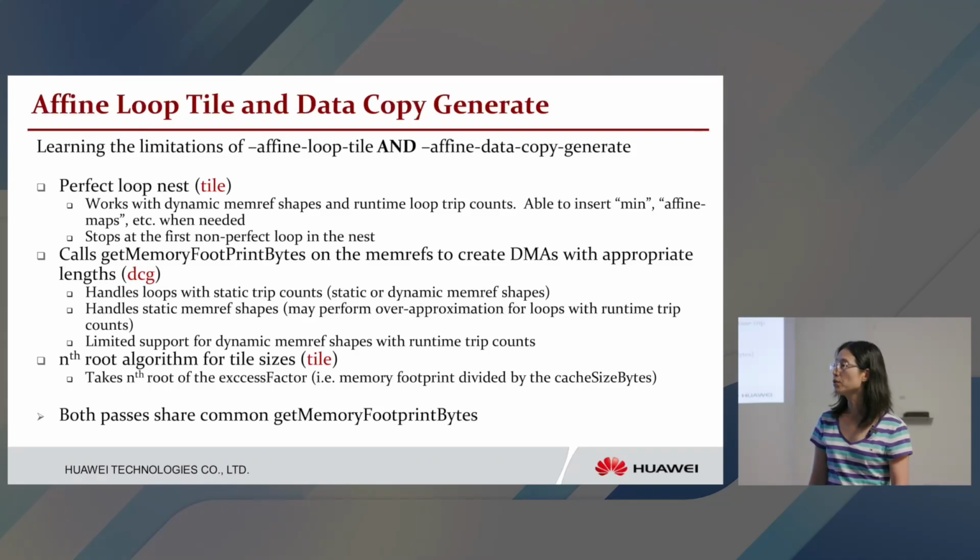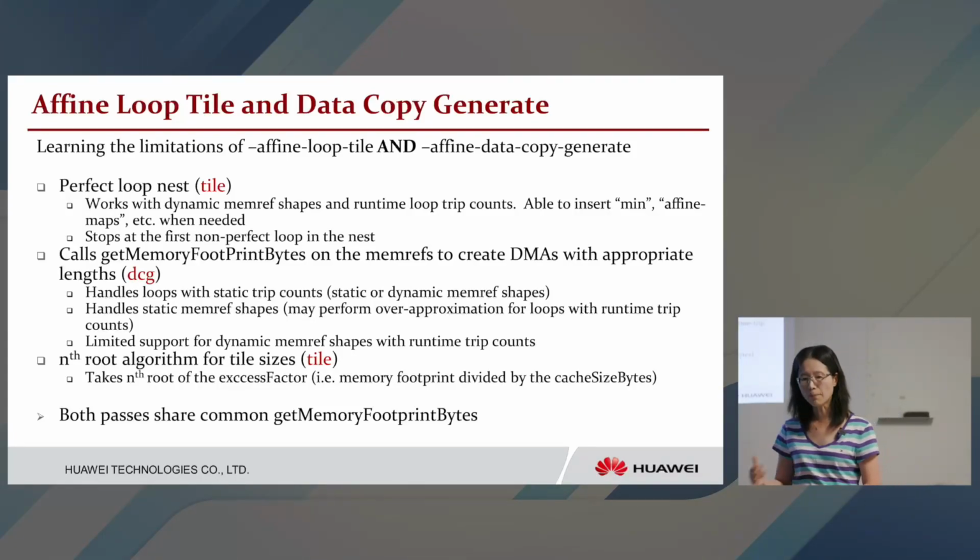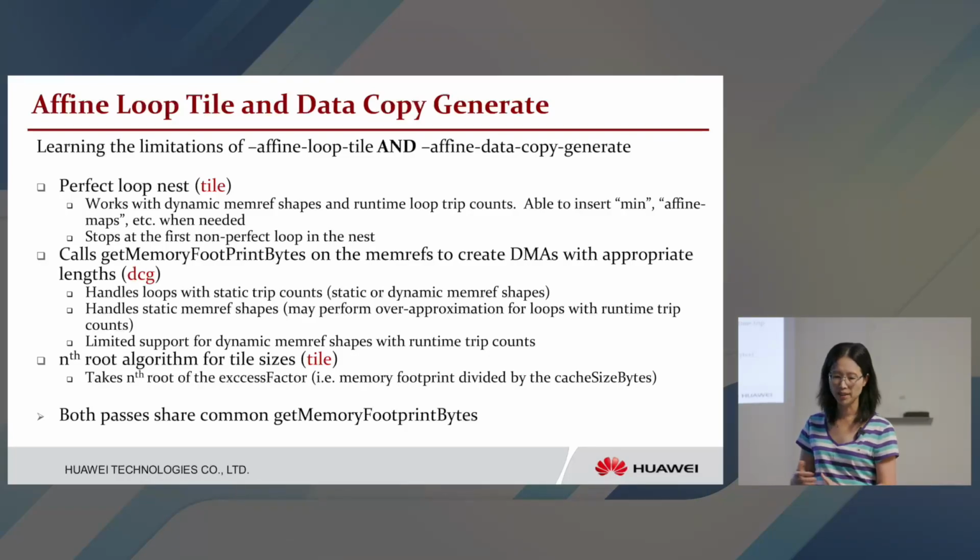Okay, before you can make use of anything, you need to know what are the limitations of the existing passes. So we did our due diligence. We studied the affine loop tile and data copy generate. First point, the loop tile only works on perfect loop nests, meaning upon encountering the first non-perfect loop nest, you will stop tiling. And you may ask why?